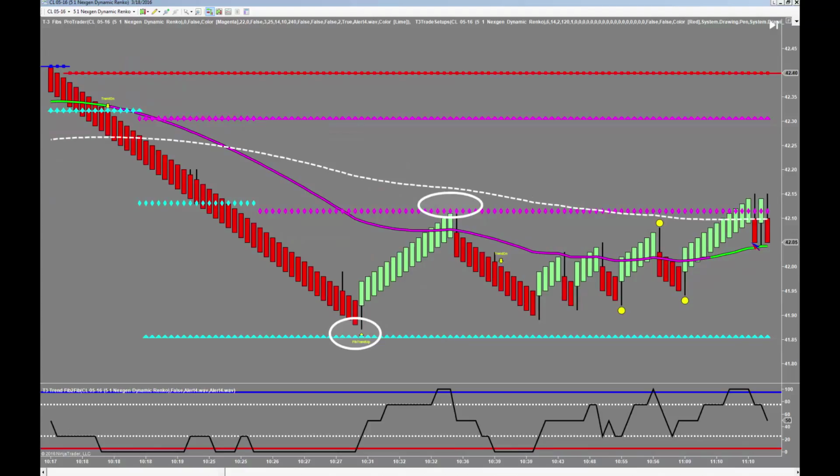Would you guys agree this is a potential short trade? Do you guys see it? Fibonacci resistance, a stop out of the resistance. Are you going to be able to make some money to the short side? You never know. We'll find out.